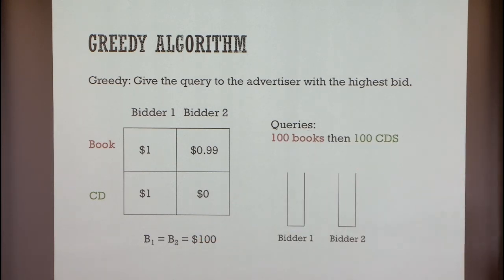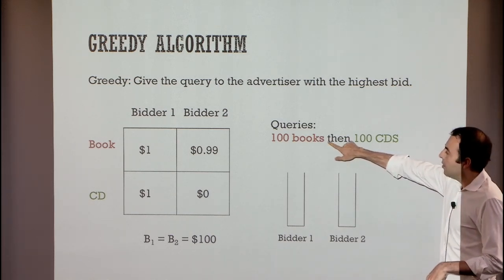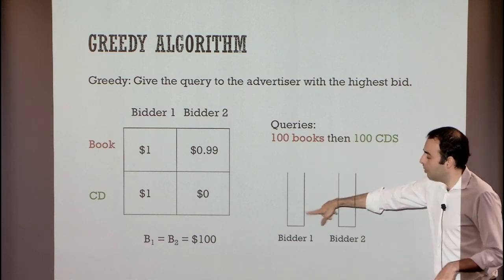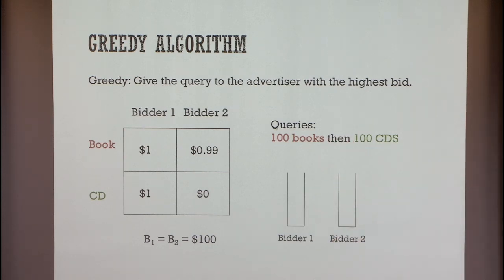Now imagine your situation is such that initially people only query about books, so you get 100 queries about books. If your policy is greedy, you allocate everything to bidder 1, and then when the 100 CD queries arrive, the only person who is interested has run out of money, so your total revenue is going to be $100.